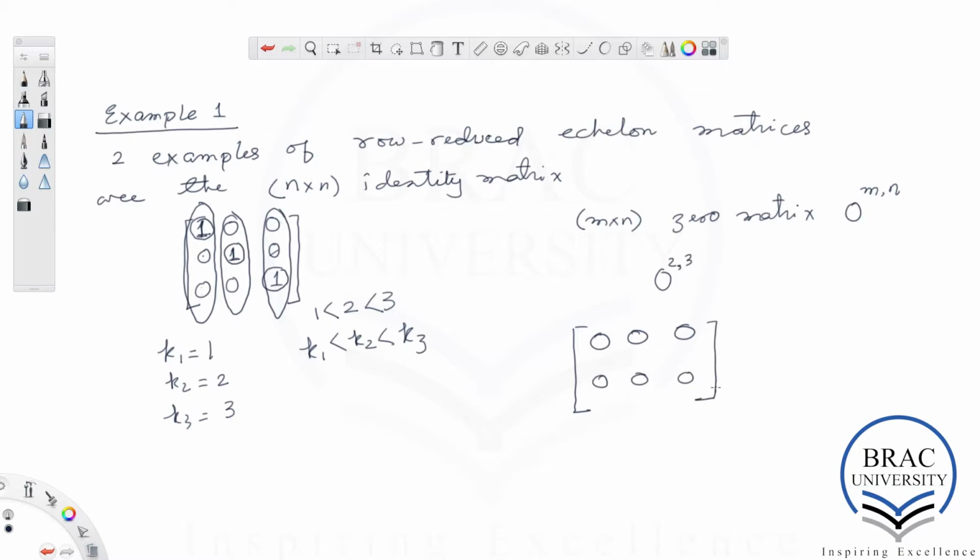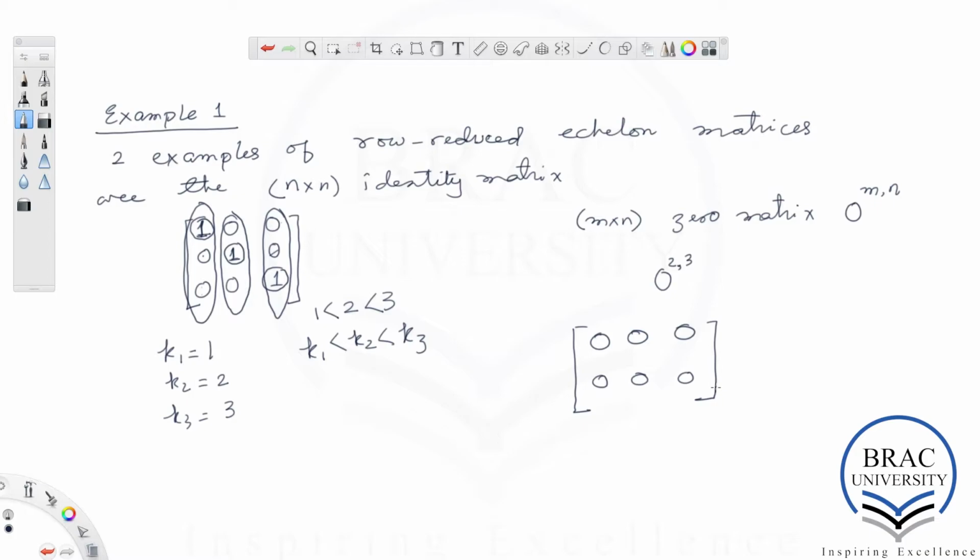You see that it's row reduced because it just contains 0 rows, so nothing specifically has to be satisfied for this matrix to be a row reduced matrix.